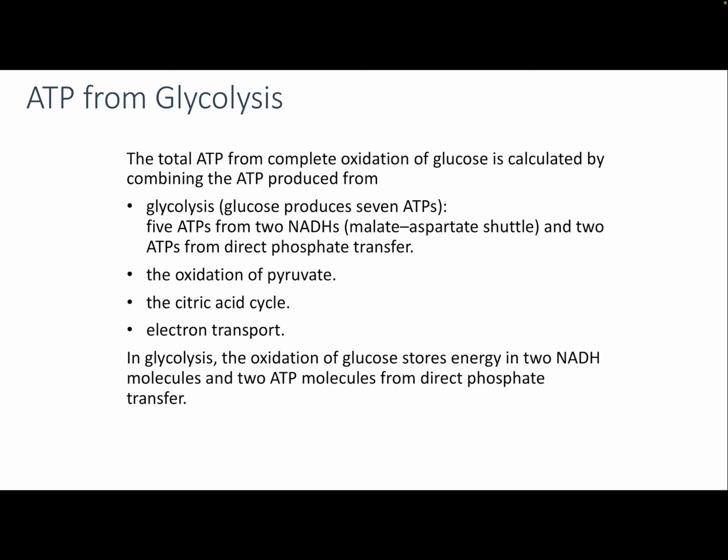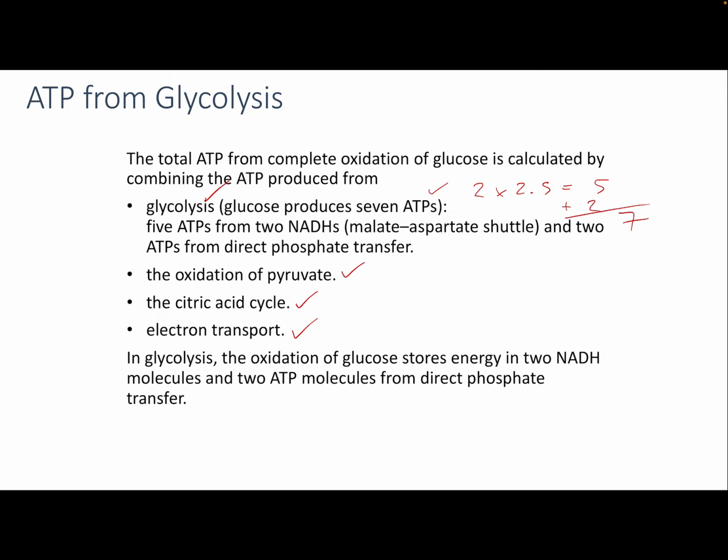So first off, the total ATP gets calculated by just combining all the ATPs that were formed directly and all the ATPs that are formed from the electron carriers, not just in glycolysis, but also in the oxidation of pyruvate, the citric acid cycle, and the electron transport chain. Remember, glycolysis produces 7 ATPs: 5 ATPs from 2 NADH molecules, because 2 times 2.5 is 5, and 2 ATPs directly.